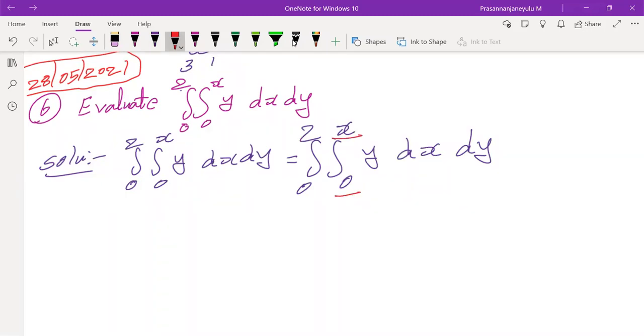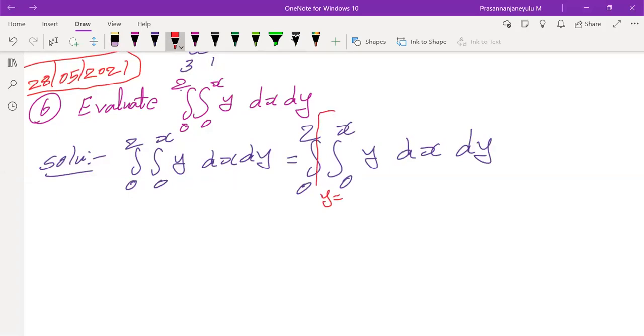That means one limit is a function of the x variable. Because of that reason, we have to treat these as the limits of which variable? Y variable. Clear? So these are the limits of the y variable.